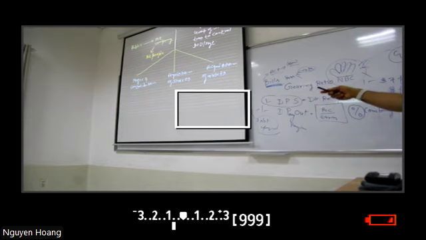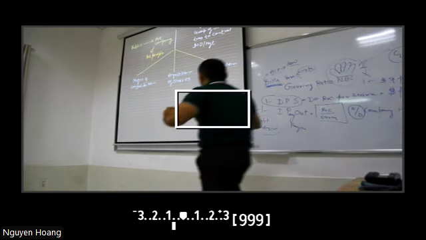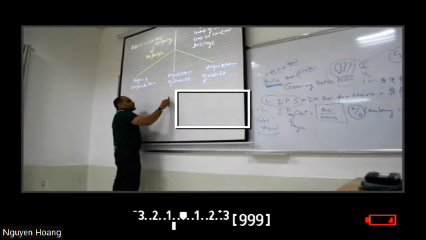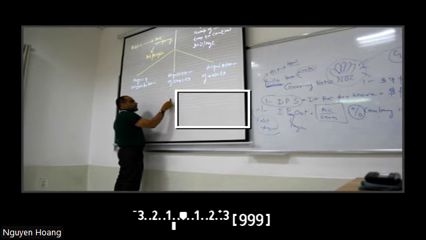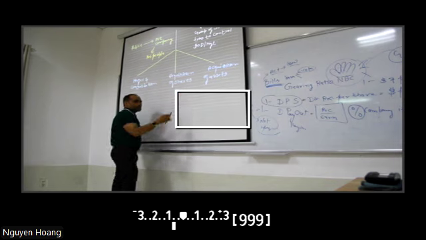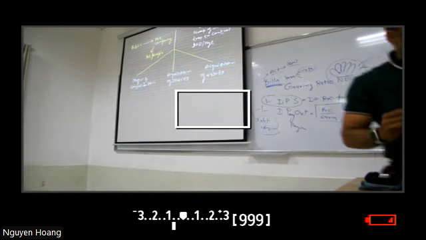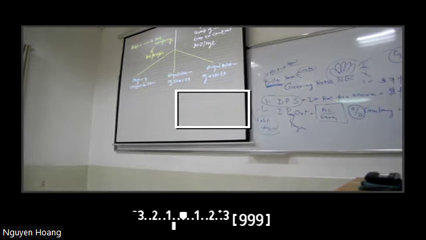But in the first option, these are shareholders. These shareholders give money and the company gives them shares.